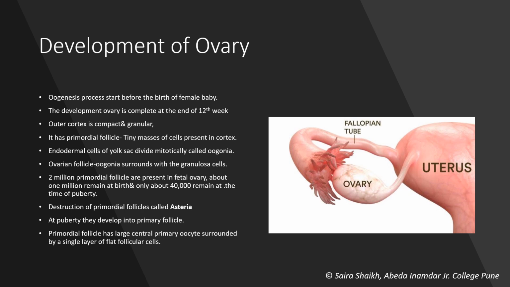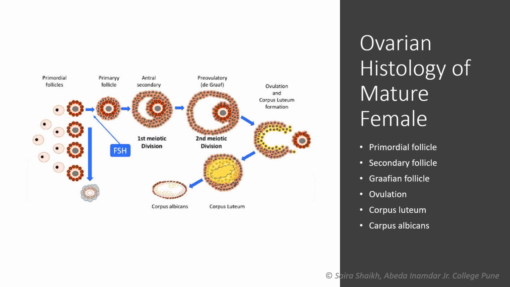A primordial follicle has a large central primary oocyte which is surrounded by a single layer of flat follicular cells. Students, we studied that primordial follicles develop when the female baby is developing in the mother's womb.